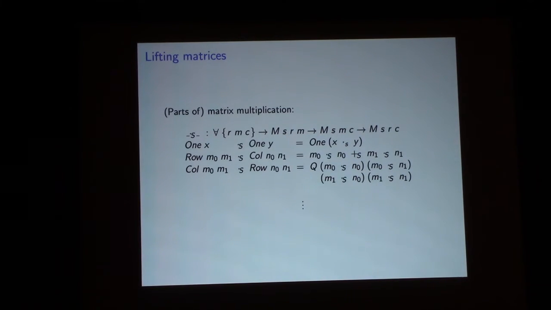And then we need matrix multiplication, which is pretty nice, since it's like textbook matrix multiplication. In the single element case, it's pretty easy, but in the row case, you get the row times the column, and so on for all the cases of the matrix.